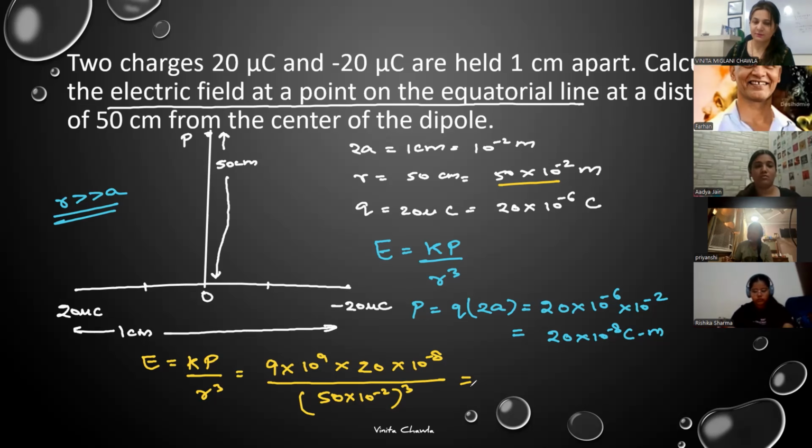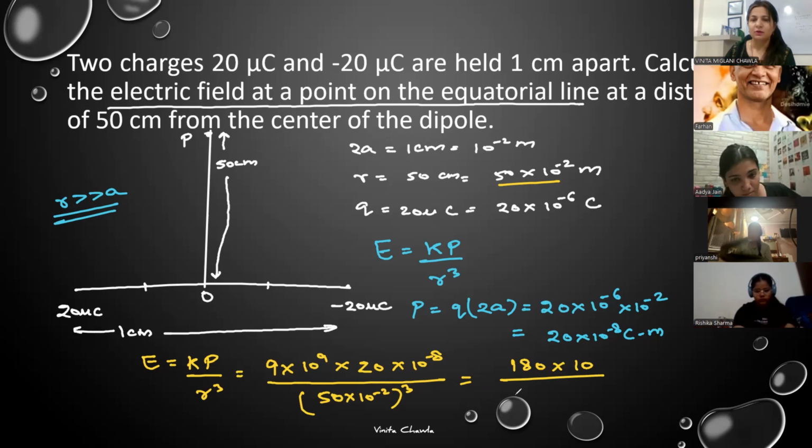हाँ जी, क्या आ रहा है बेटा? 9 twos are 18, 180 into 9 minus 8 is 1. In the denominator, we have 50 cube. 5 cube is 125.